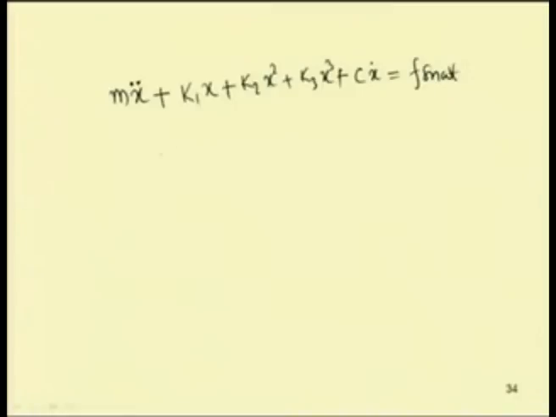This equation can also be written in the generalized form: x double dot plus summation of alpha n into x to the power n plus c x dot equal to f sin omega t.